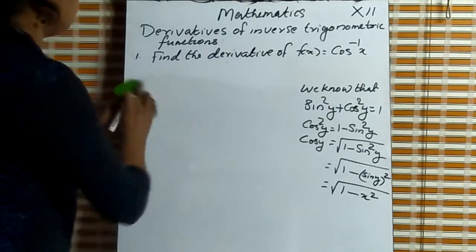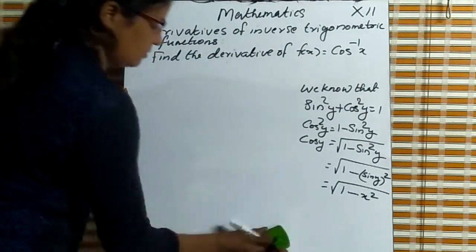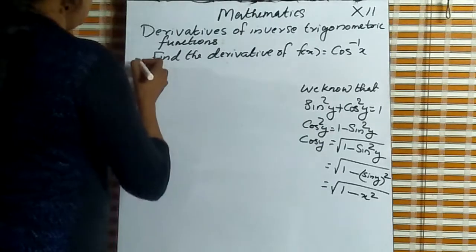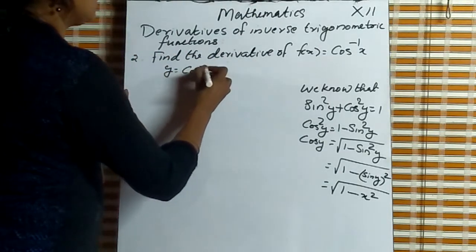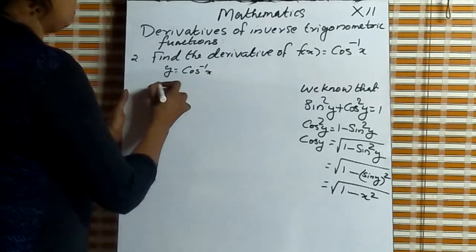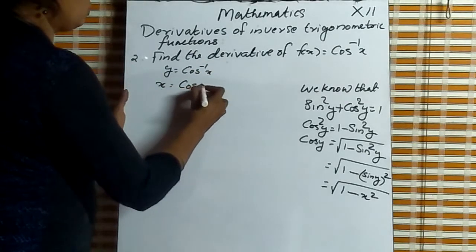Our second question: find the derivative of f(x) = cos inverse x. Same procedure. Y is equal to cos inverse x, so x is equal to cos y.